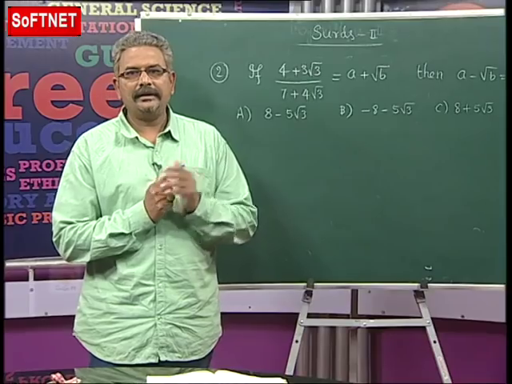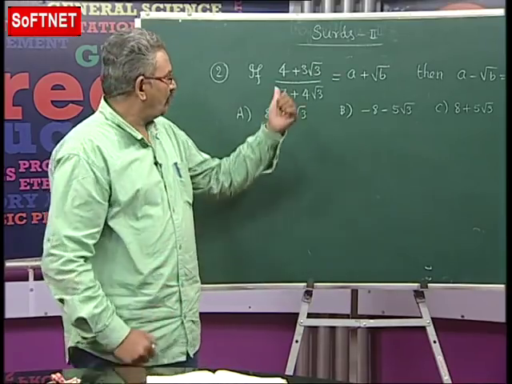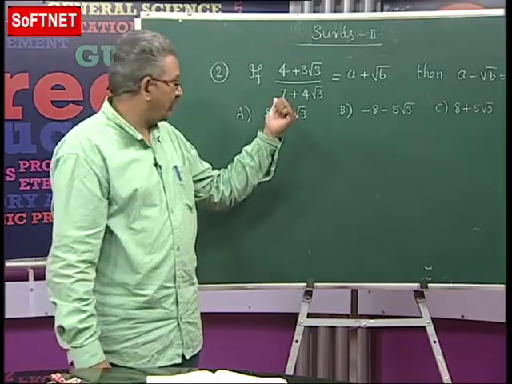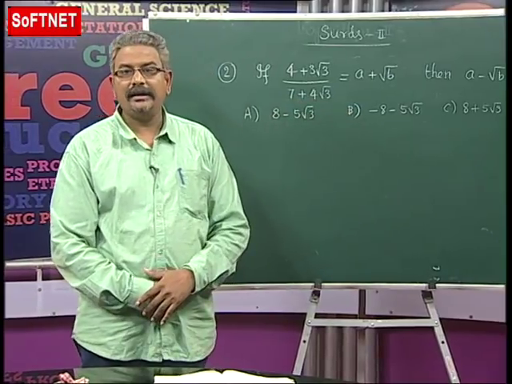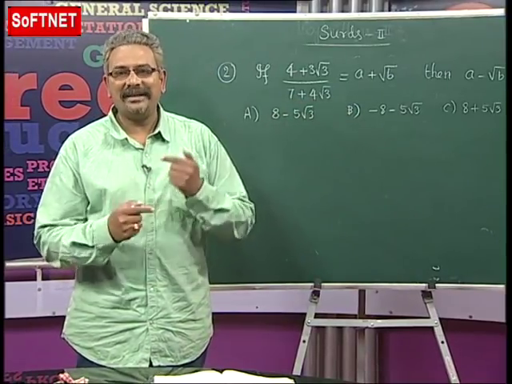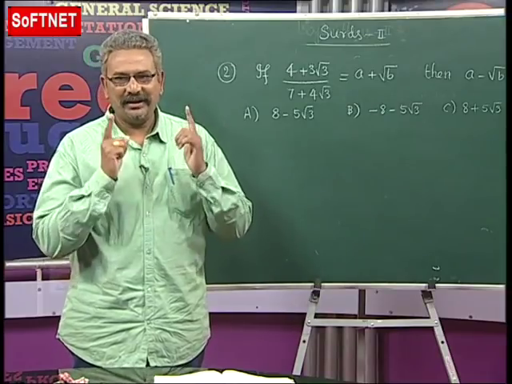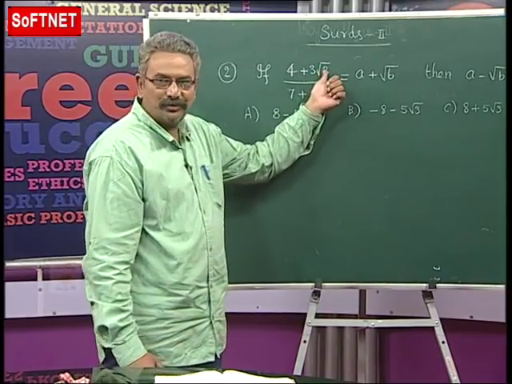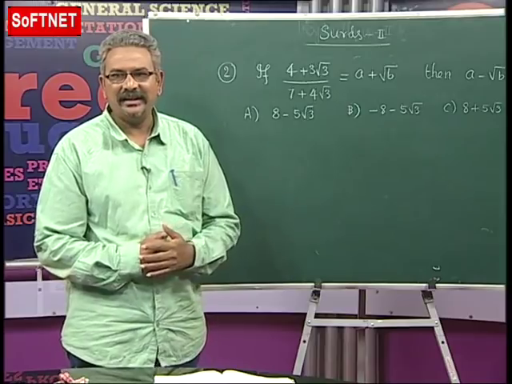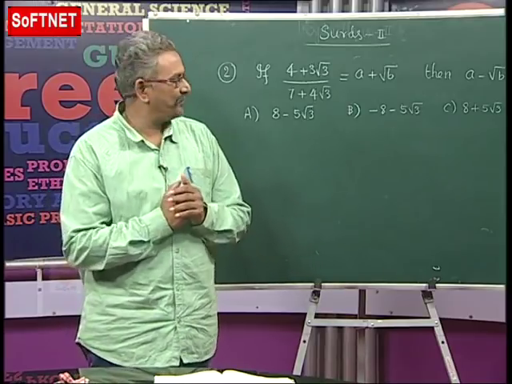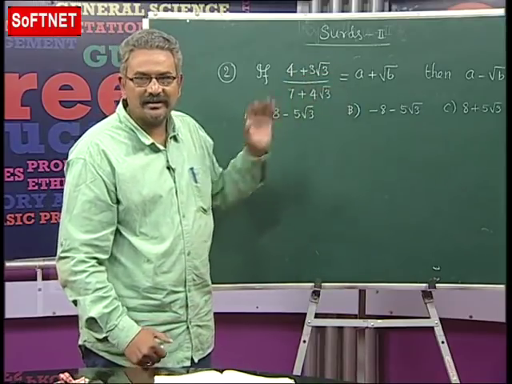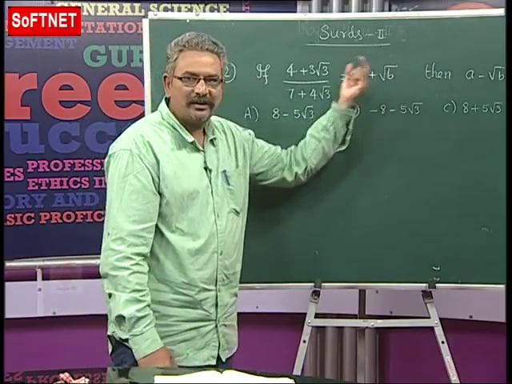Here in this problem, what is the conjugate of 7 plus 4 root 3? That is 7 minus 4 root 3. So it is better to multiply both numerator and denominator with 7 minus 4 root 3. Then we have to simplify it and equate it to a plus root b.